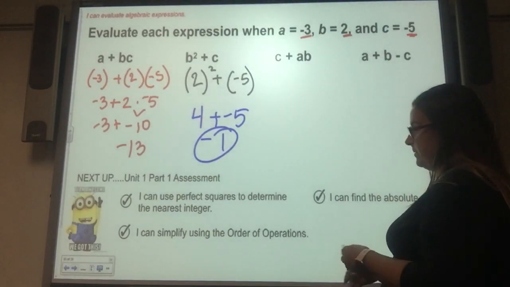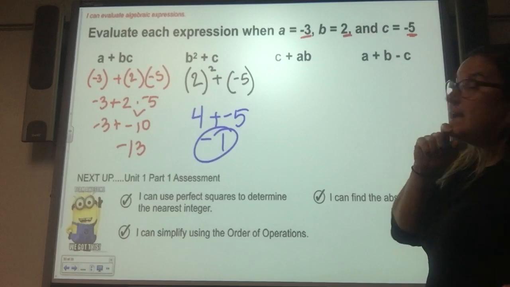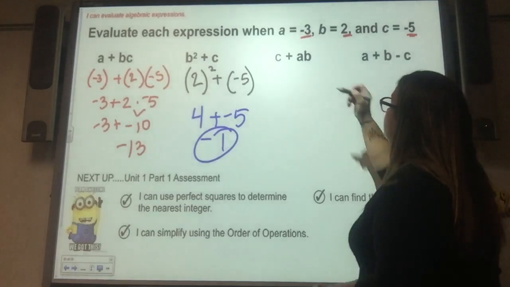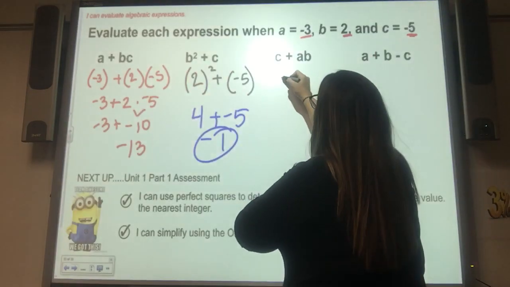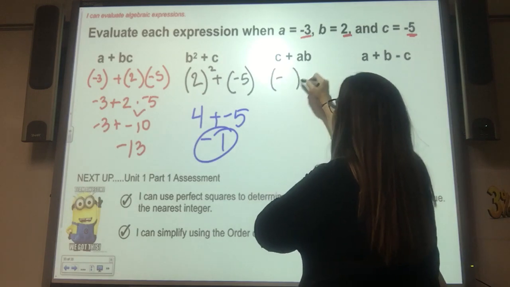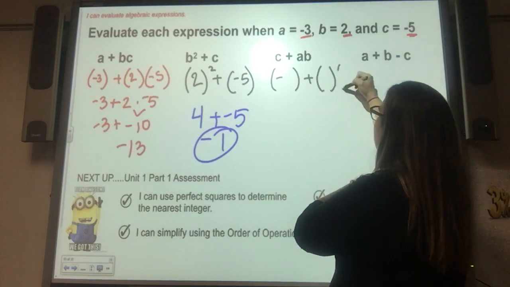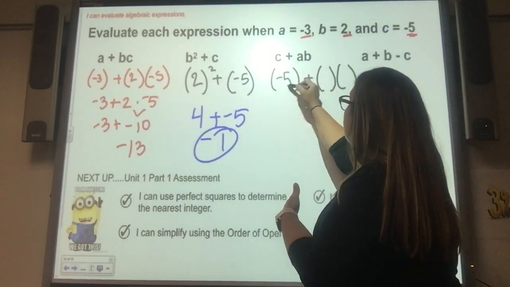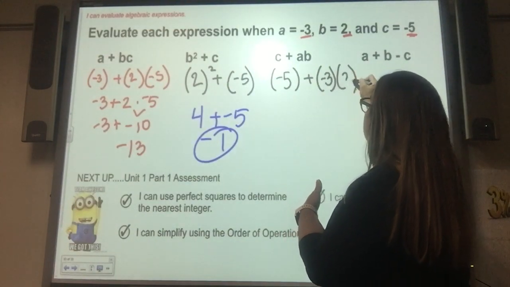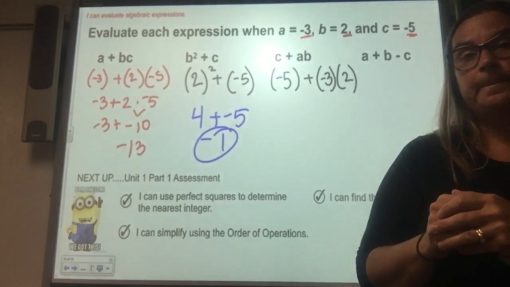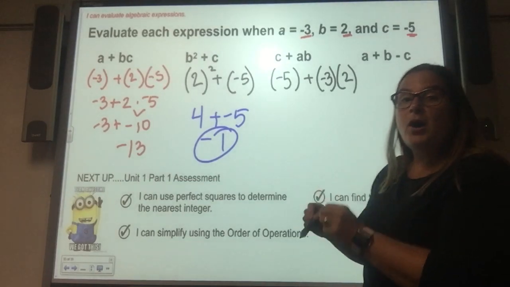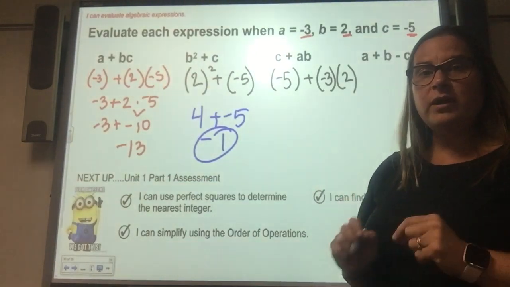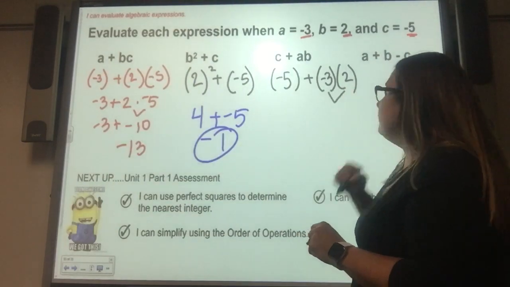This third one, let's take a peek. C plus A times B. So, parentheses, plus parentheses, okay, so I'm setting it up. I'm going to put in -5 here. A is -3 and B is 2. Multiplication before addition. -3 times 2.